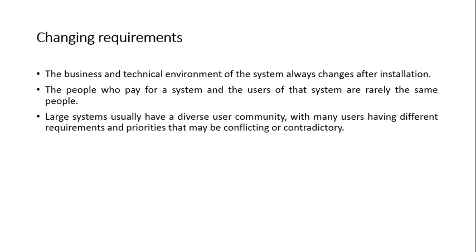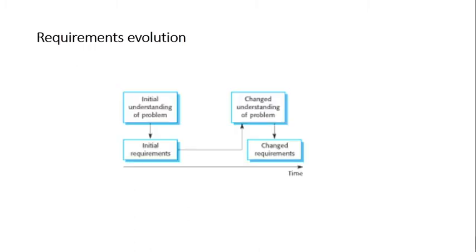So again, a change is required in that case also. Large systems usually have a diverse user community with many users having different requirements and priorities that may be conflicting or contradictory. Since you have a large number of stakeholders for a given software or application you are developing, their requirements and priorities might differ.